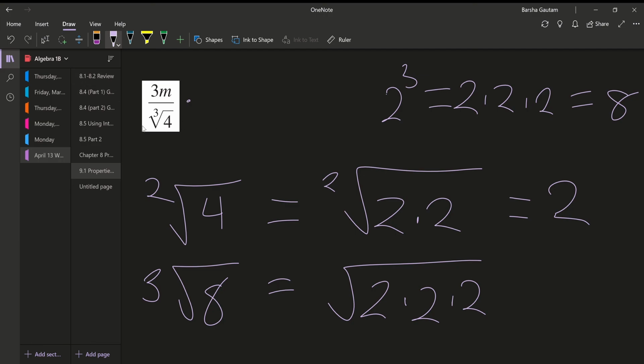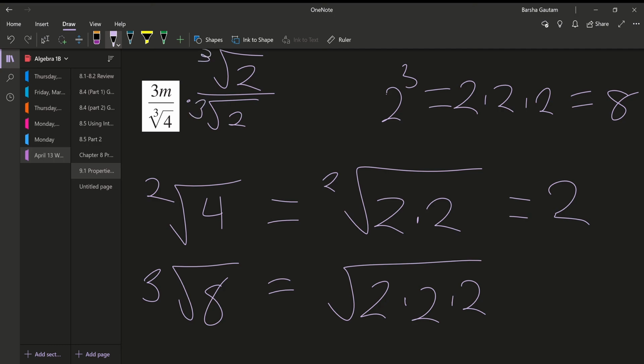So how can we get something else in here that'll give us the cube root of 8? What we're going to do is multiply the top and the bottom by the cube root of 2.